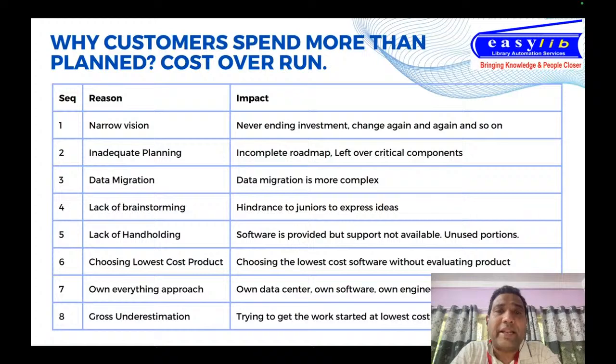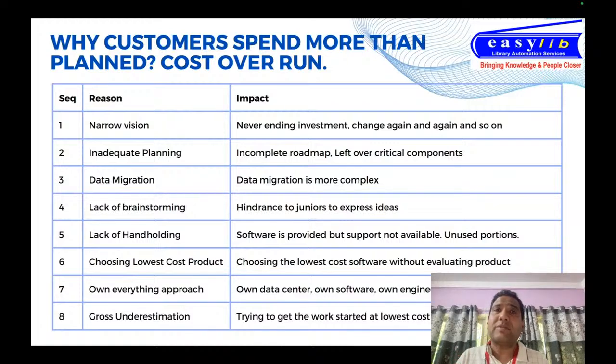Right? Then next, the other one which causes the overrun is choosing the lowest cost product. Let me give an example. Easylib, entire automation system for the library, was first offered in early 2000s. At that time, we are fortunate to have some of our customers who made a call to go with Easylib.